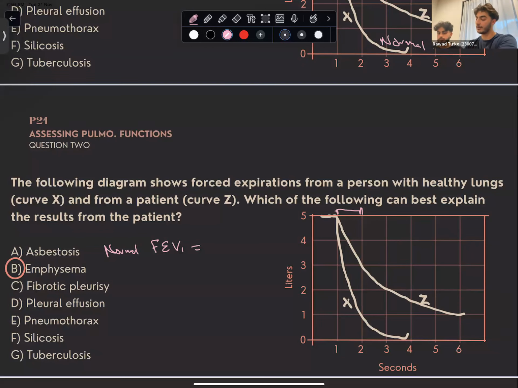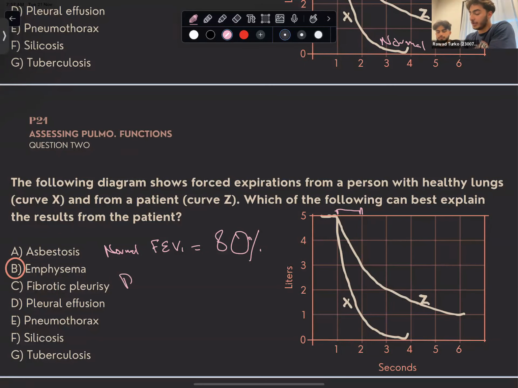We're going from 5 to 1. Perfect, Malik already got it. In the first second, you're going all the way up from 5 to 1, and then this is over. Obviously 5 liters, so you're exhaling 4 out of 5. That's 80%.